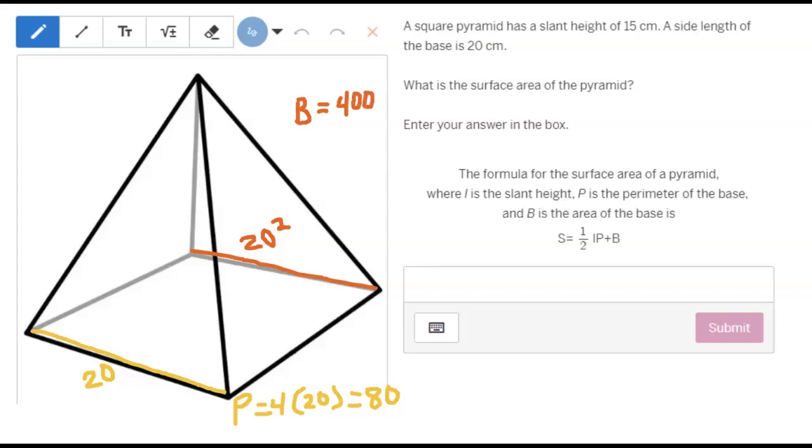Now I need L. Notice I don't have L yet. So let's go ahead and look at L. It says the slant height, which is L, is 15. So this slant height right here is 15, as if I was climbing up the outside of this pyramid.